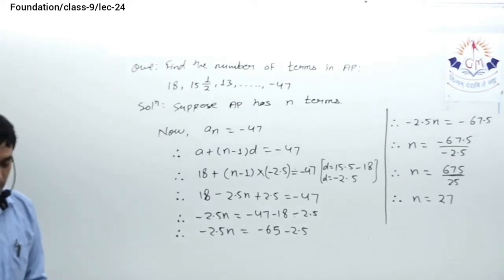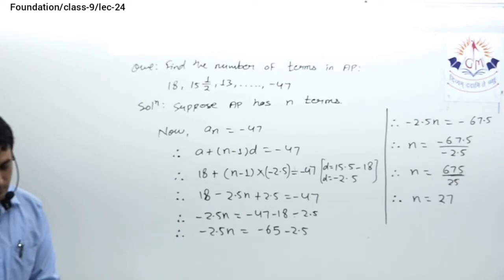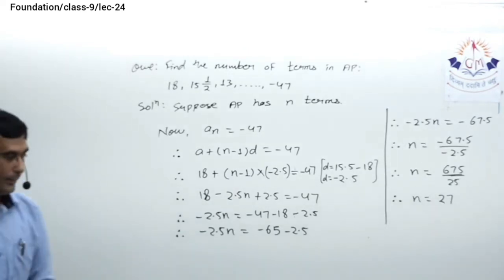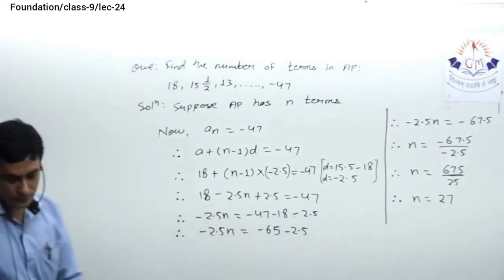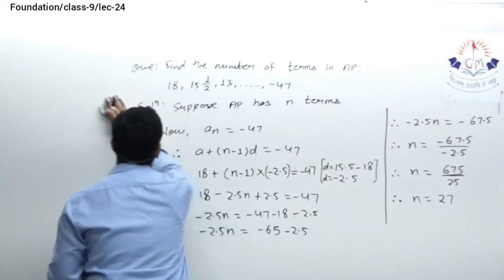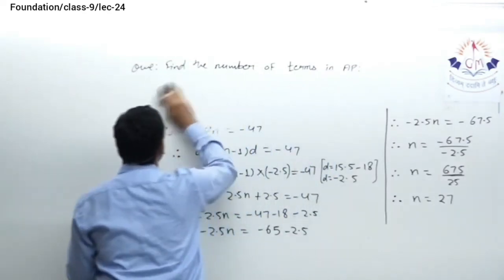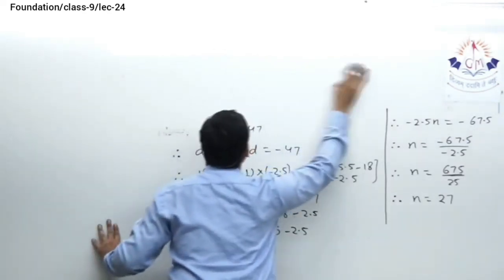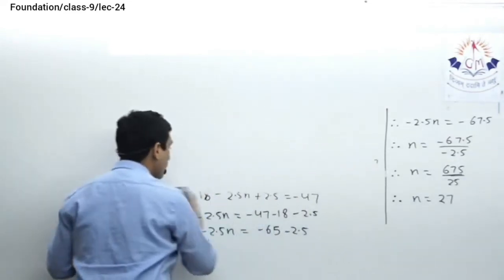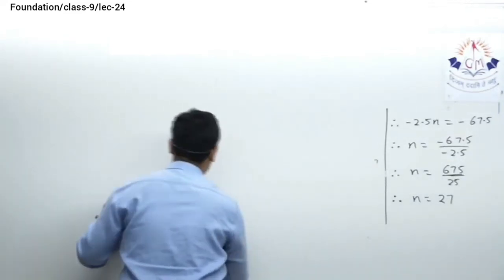Now next question. Check whether minus 150 is a term of the AP. Now there is a term which is given, and we have to identify whether that term belongs to that AP or not.